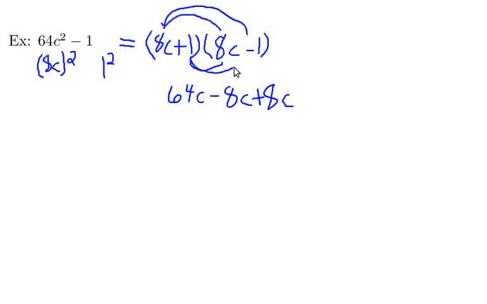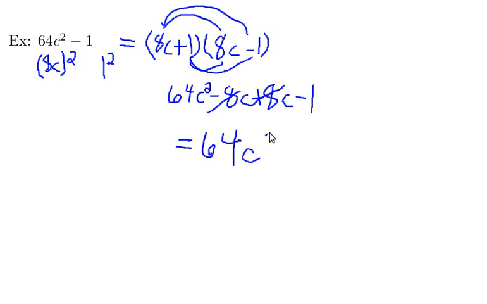And 1 times negative 1 will give us minus 1. Minus 8c and plus 8c cancel out. I forgot to put the c squared here. 8c times 8c gives us 64c squared.